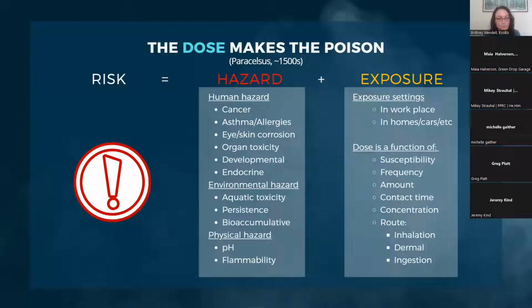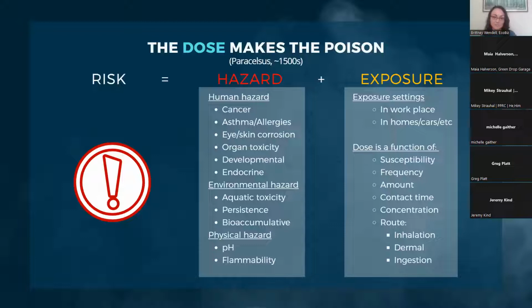So the dose makes the poison. In the 1500s, a Swiss physician, Paracelsus, noted that the dose is what makes something poisonous. One extreme example of how this is true is the fact that even consuming too much water at once can put you at risk. There's a story from several years ago about a contestant in a water drinking competition who actually died of acute water intoxication.